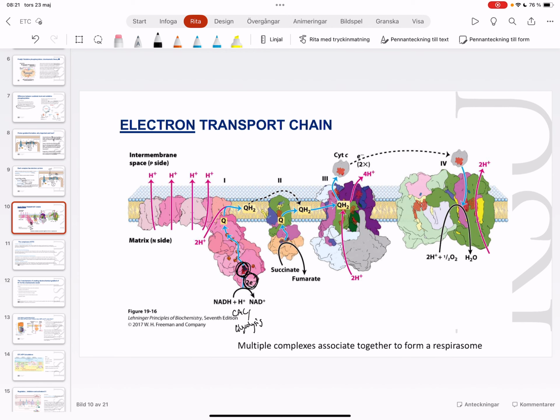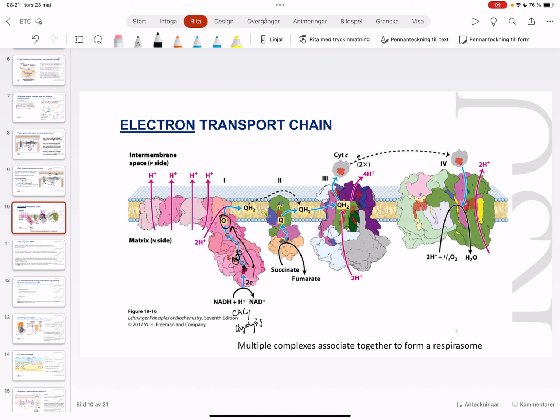And FMN will then give these electrons to iron sulfur clusters right here, and the iron sulfur clusters will continue giving them away until we come to ubiquinone. Okay, so one thing to mention is, as the electron is traveling, that will lead to release of energy.